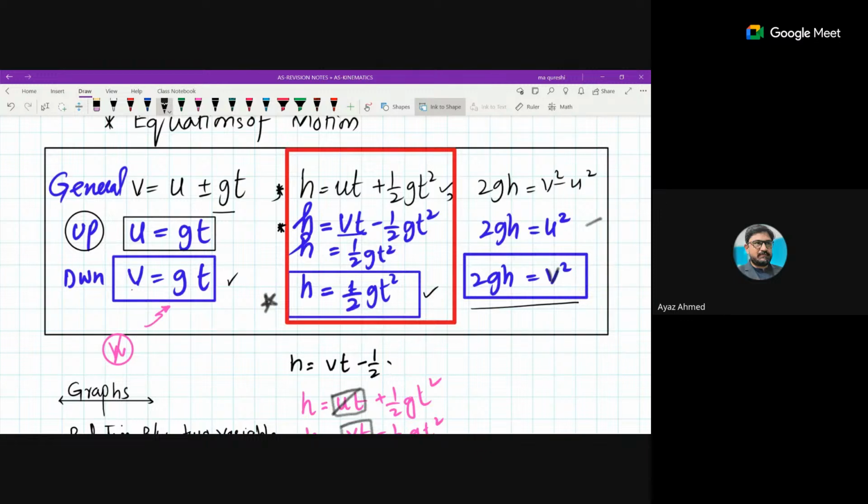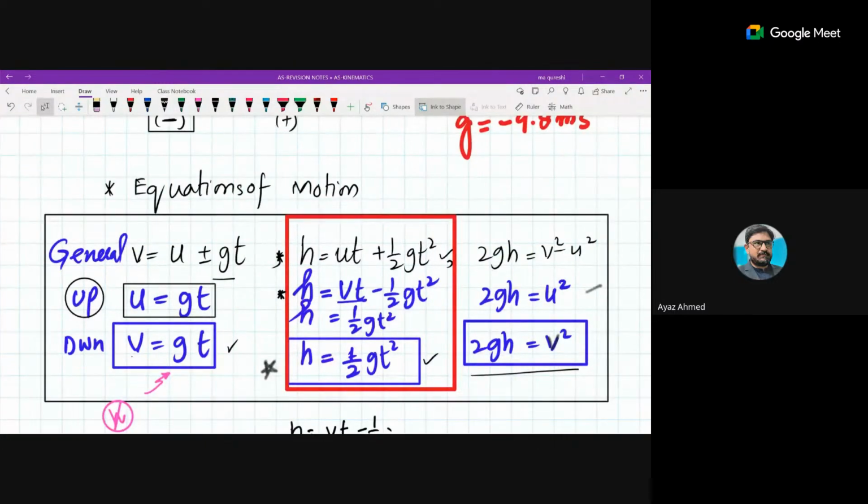So in any case, the velocity squared divided by 2g will give you height. It's a really simple game, right? Is there any confusion in this part? No, sir, it's clear. Okay, good.